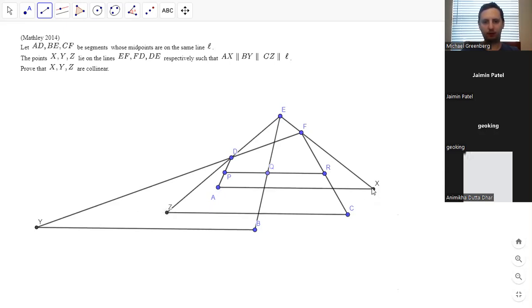All right. So we want to show X, Y, and Z are collinear. It's such a weird configuration because there are no circles, but it still feels like it's kind of hard.